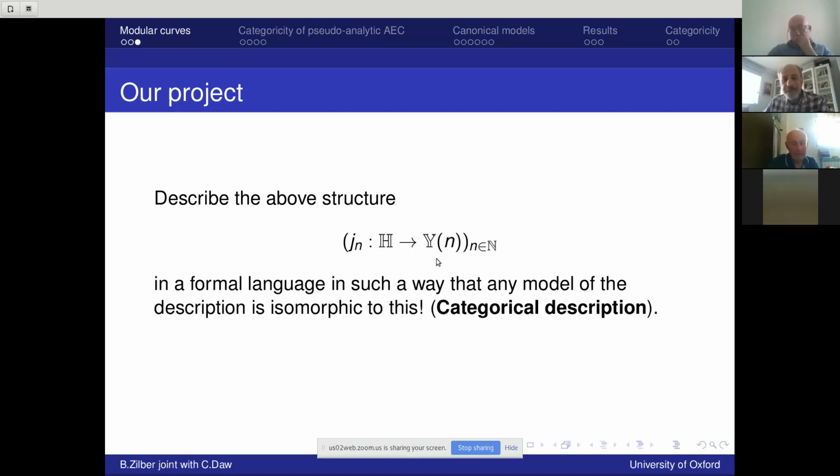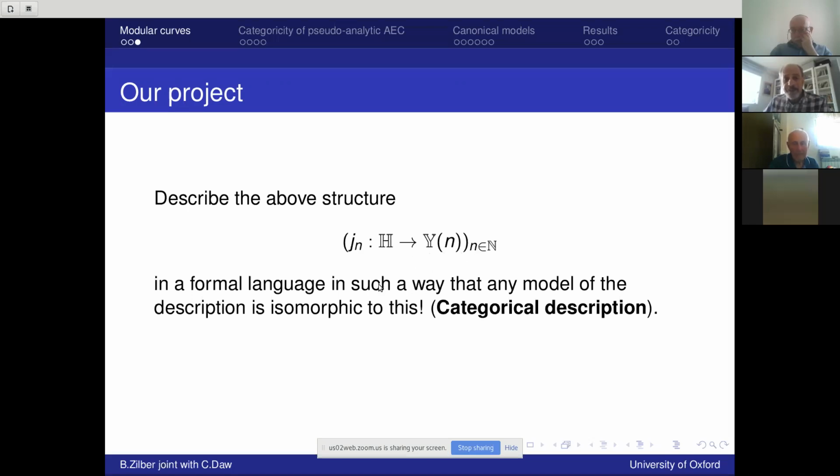So by some collection of axioms in an appropriate setting. The axioms would require us to speak about certain relations, certain functions in your structure.